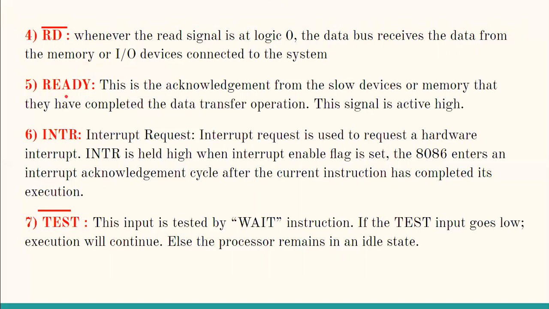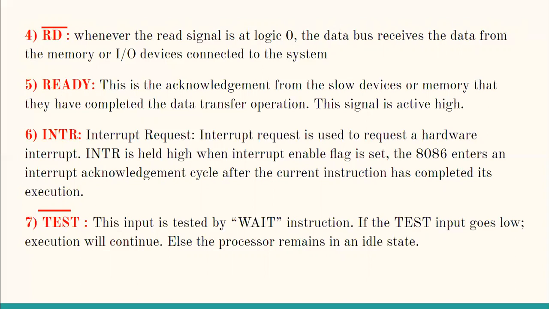Obviously the word ready means whether it is ready for performing the task. So if you see the direction of the ready signal, it is coming into the processor from the outside devices. This is an acknowledgement from the slower devices, peripherals or memory that they have completed the data transfer operation.